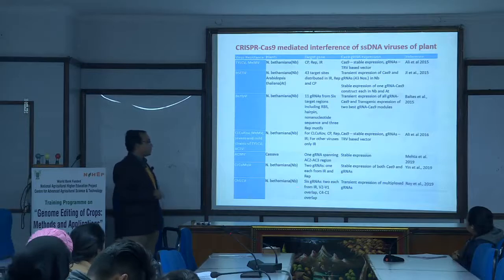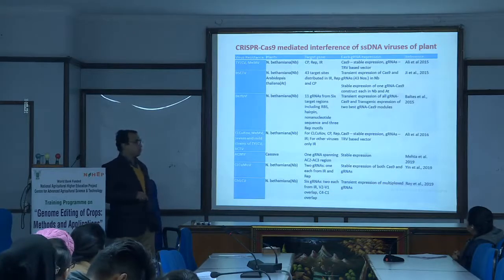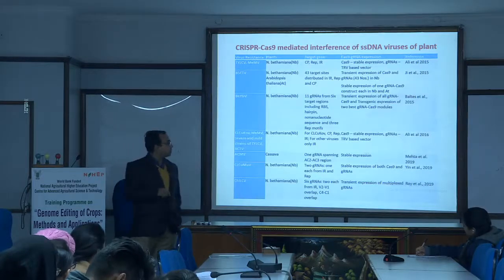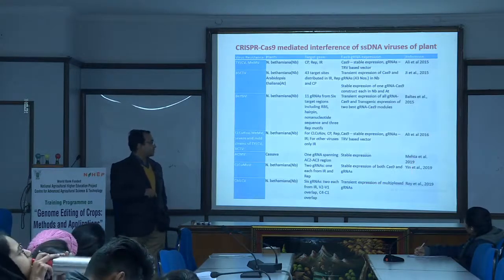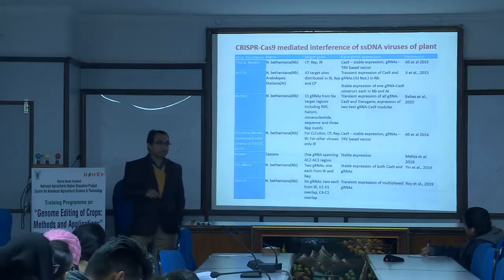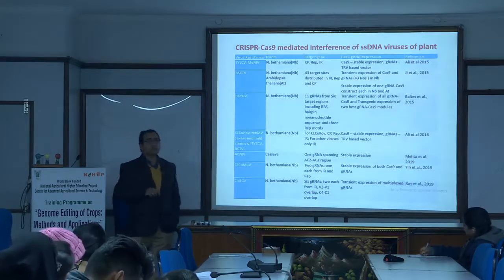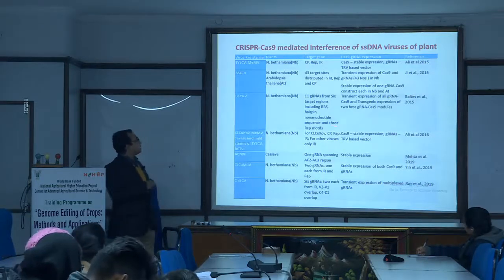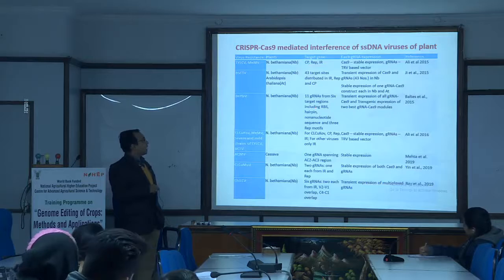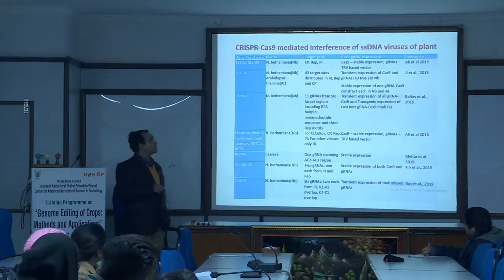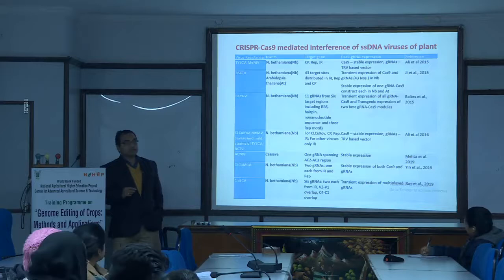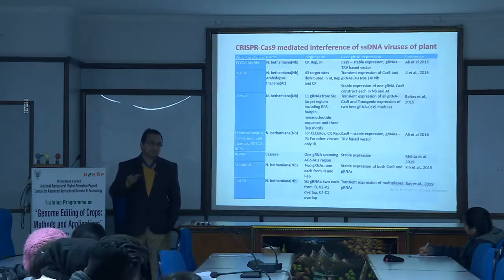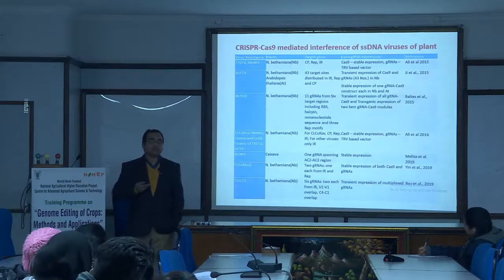The last one is our paper, which we published very recently in October this year. Before that there were 6 papers, actually 3 papers came in 2019. When I started working there were only these 4 papers. Everyone is targeting different genes of this virus, and in all these cases mainly the Cas9 protein is overexpressed in the plant, and the gRNA is delivered as a transgene or through virus based delivery.